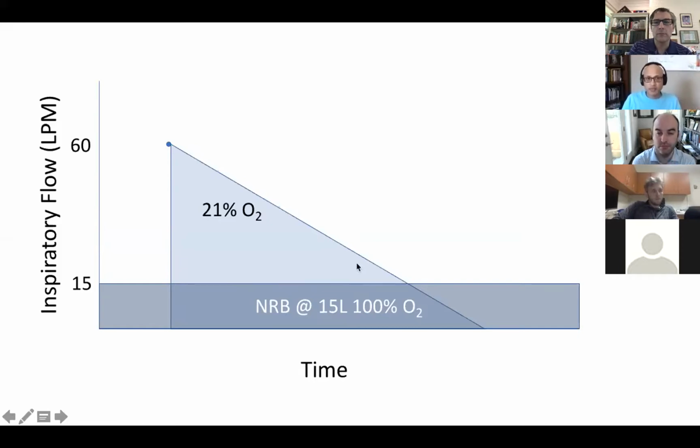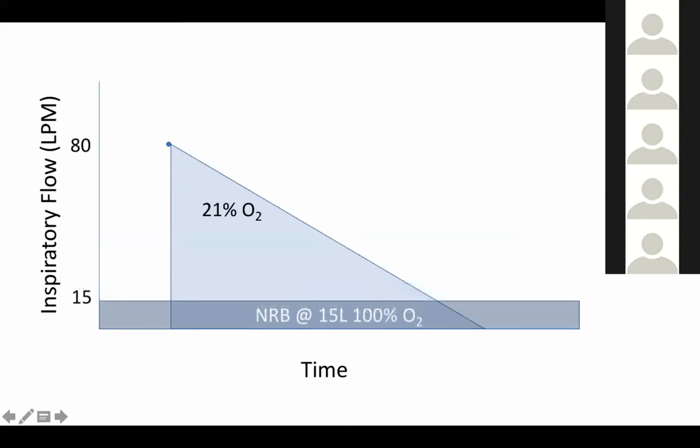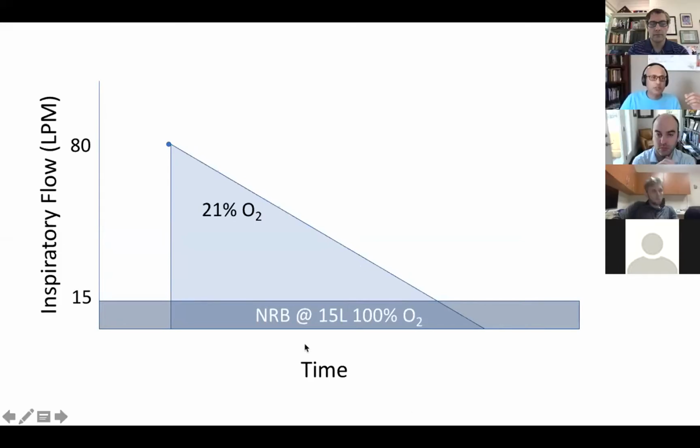Likewise, if they're breathing, say, 80 liters per minute as their peak flow, the proportion of gas that they receive on that same 15 liters per minute that's 100% oxygen is much lower. So in our sickest patients that are breathing the heaviest and the hardest, the FiO2 that they're receiving is the lowest. So what can you do about that?